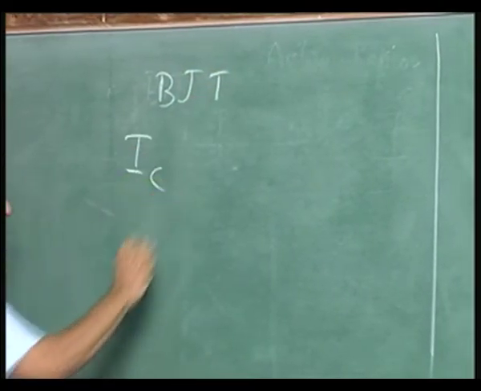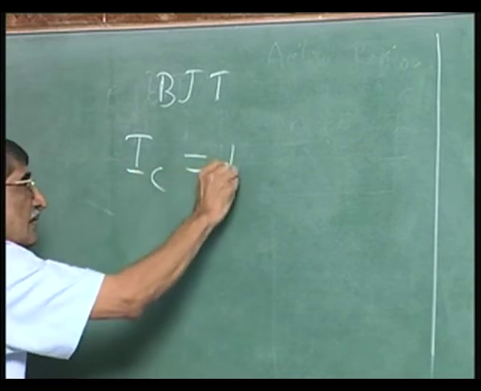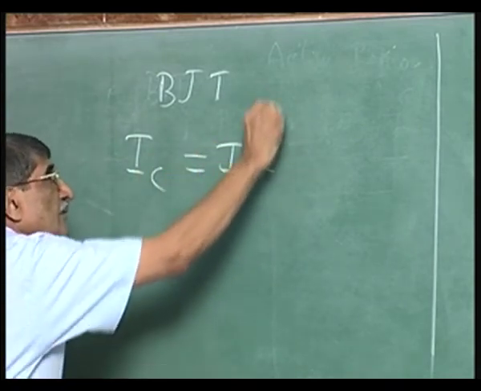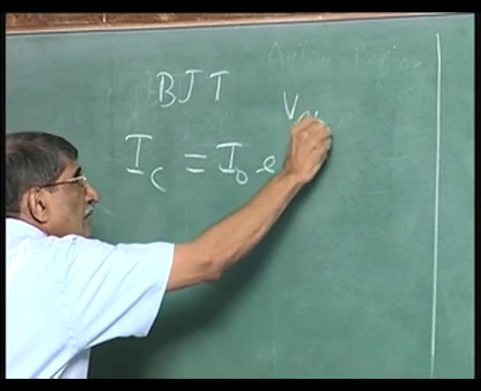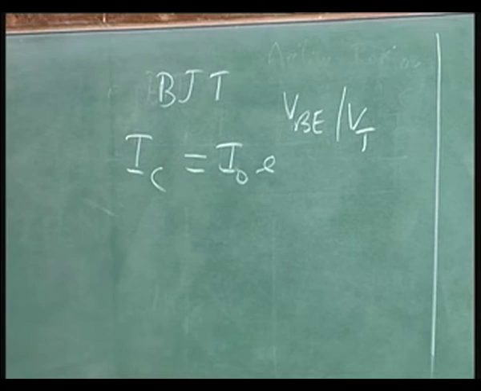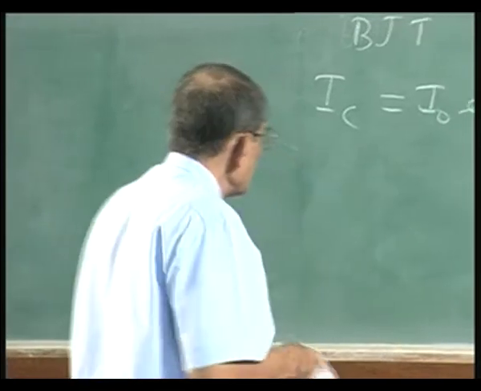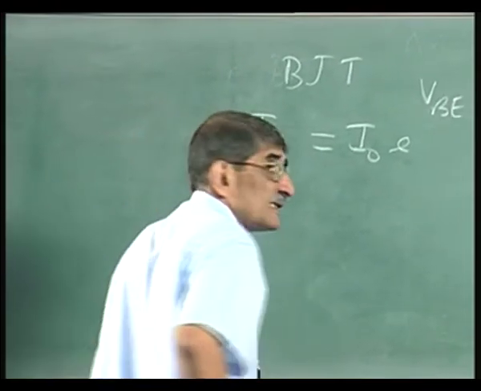For the BJT, IC is I naught e to the power of VBE by VT. You change the collector current by changing the emitter base voltage. When you change the emitter base voltage, the emitter current changes, and correspondingly you have the change in the collector current.